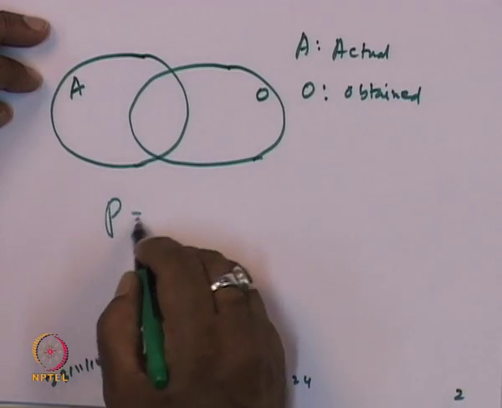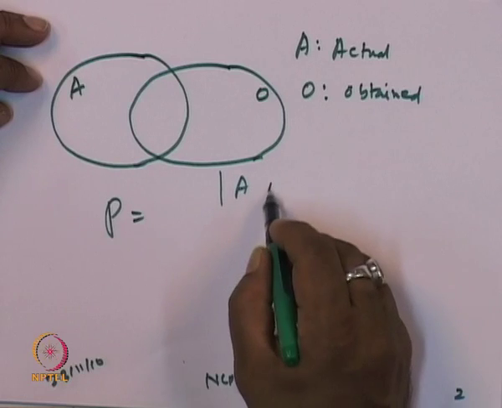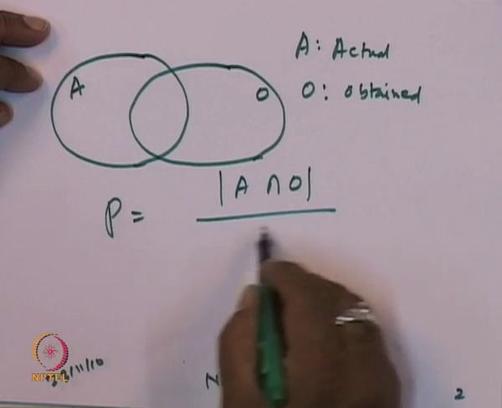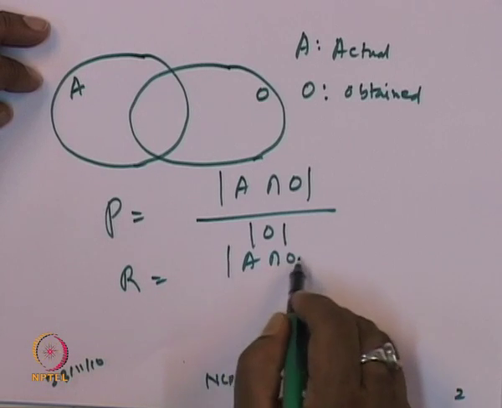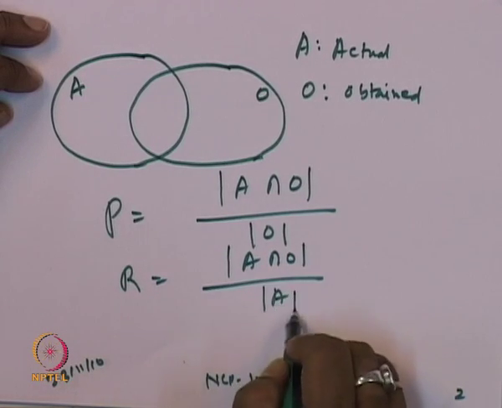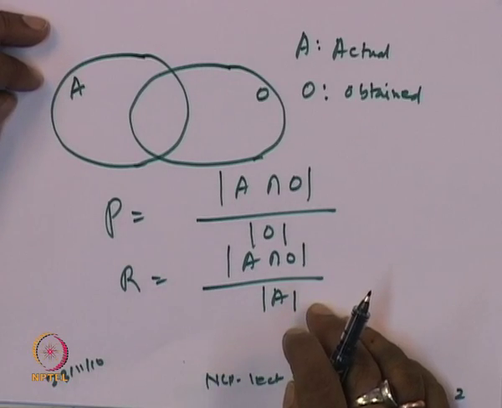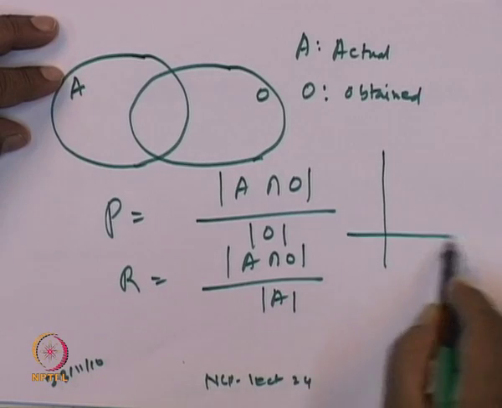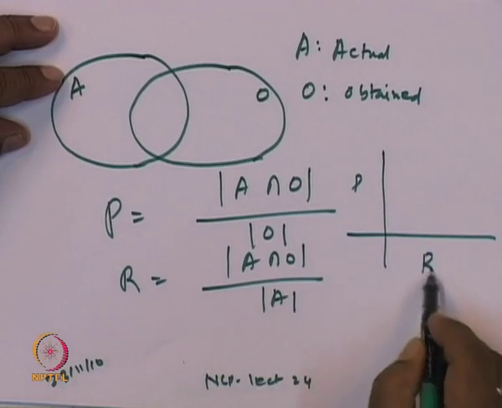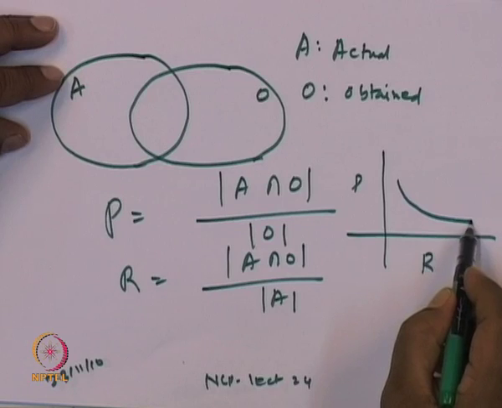Now, P is equal to A intersection O divided by O. Recall, on the other hand, is A intersection O divided by A. And we are saying that the precision versus recall curve, the P and R curve, is a falling curve.